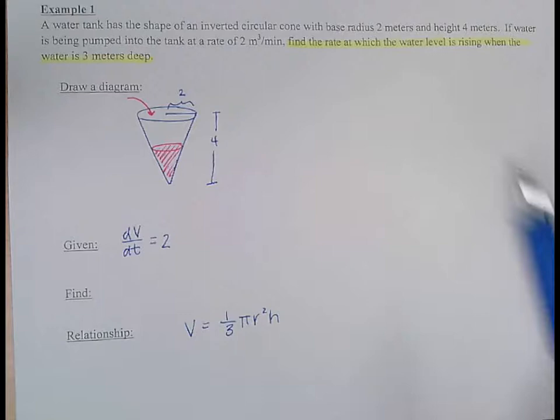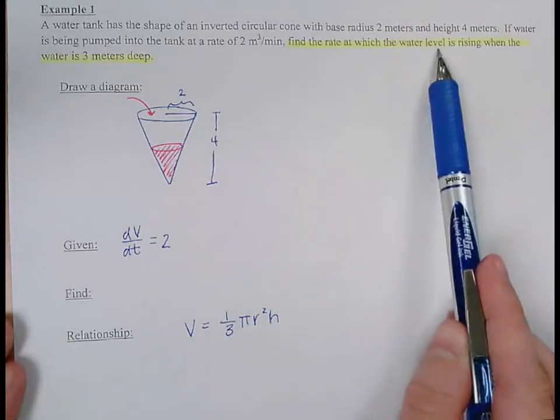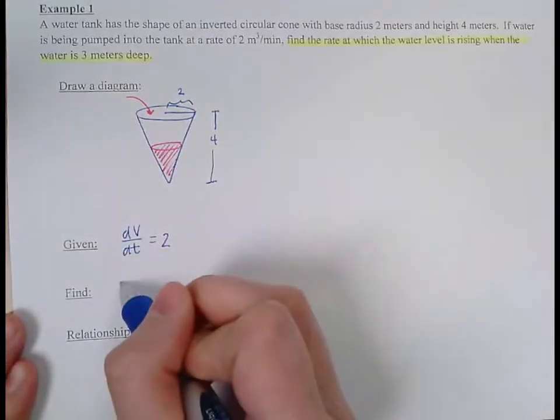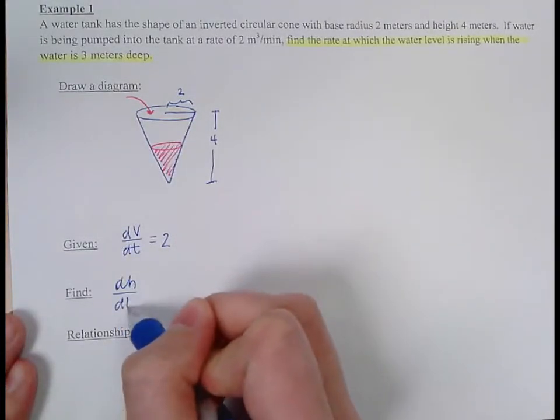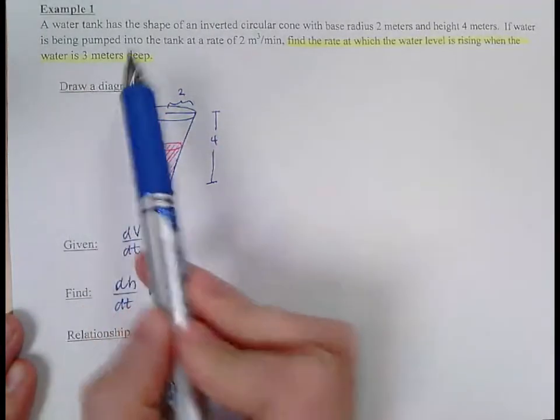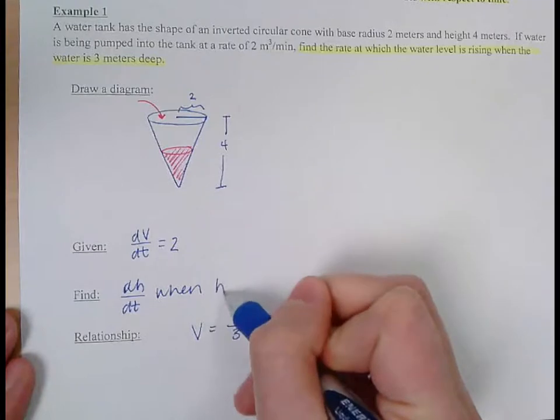So what are we trying to find the rate of in terms of variables here? The rate of h, the height. The water level rising, the water level would be the height. So we're trying to find dh/dt when the water is 3 meters deep. So when h is 3.